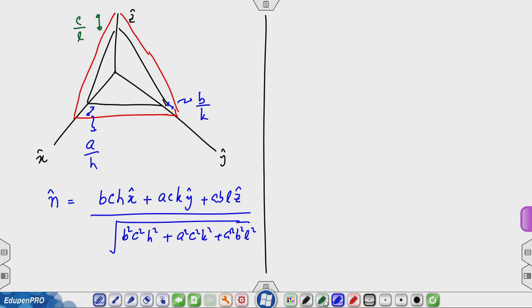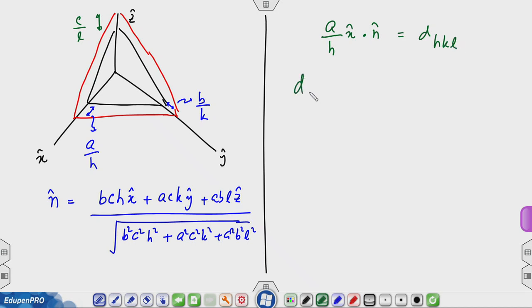And I will take the projection of, let us say, x, y, or any vector. Let me take the vector in the x direction, a over h x, dotted with n is equal to d h k l.